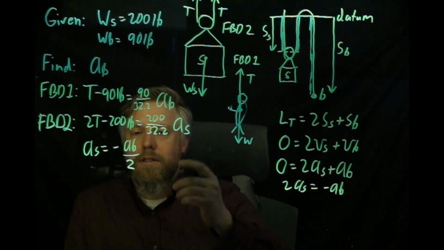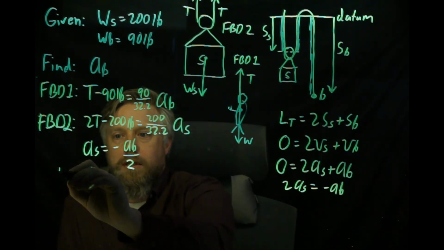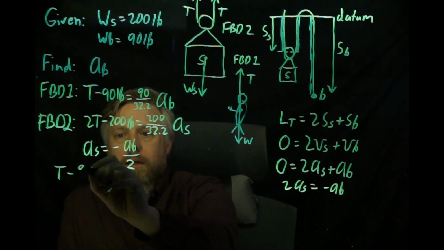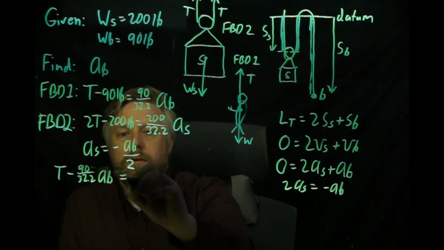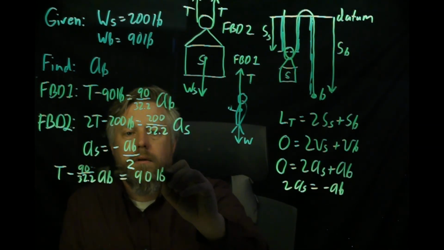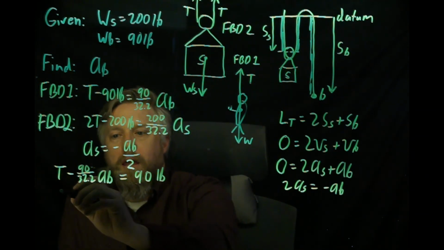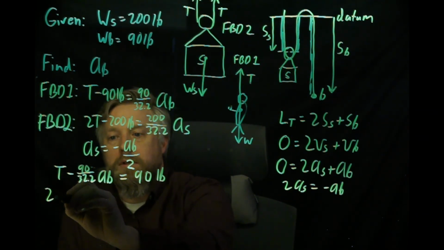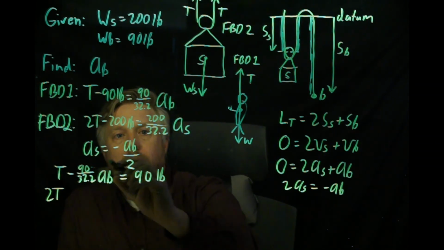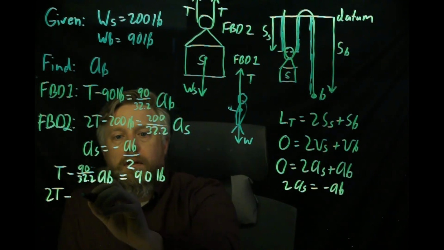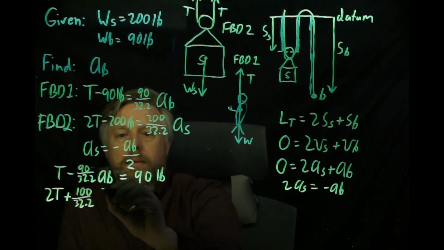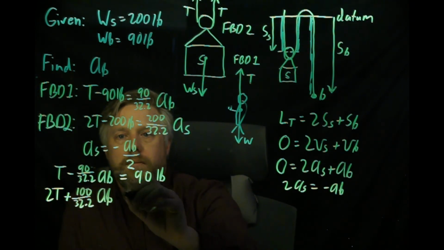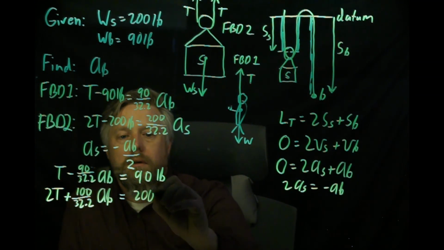OK, so I'm just going to rearrange things so I can use a matrix. We got T minus 90 over 32.2 aB equals 90 pounds. And then I'm going to have my aS. I'm going to substitute my aB in here. So I'd have 2T minus 200, but it's going to be over 2, and there'll be a negative. So 100 over 32.2 aB is going to be equal to 200 pounds.